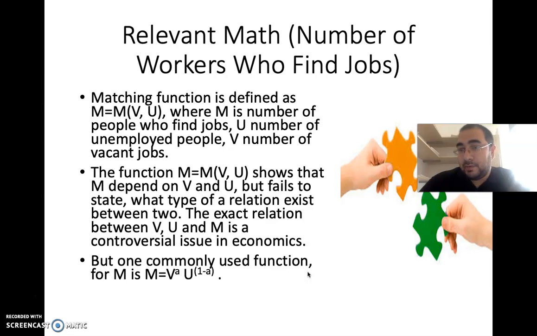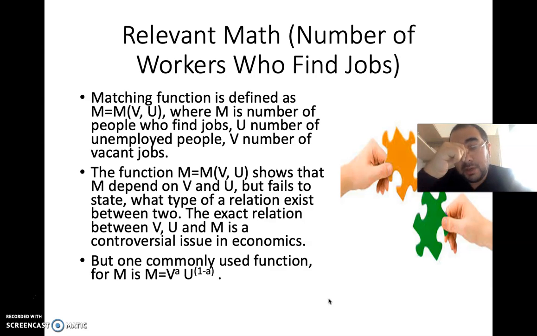If you don't have any new person entering the labor force or being fired, in that case, the matching function basically tells us that the number of unemployed people and also the vacancies will decline. They might go all the way to 0 if unemployed people and vacancies are equal.